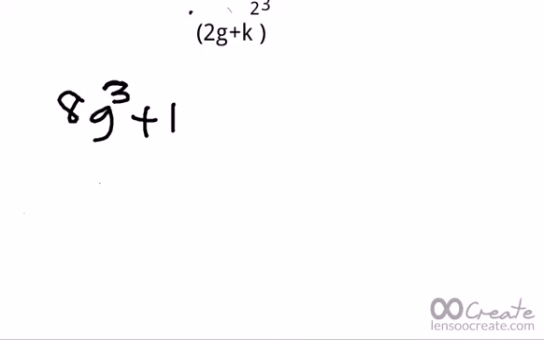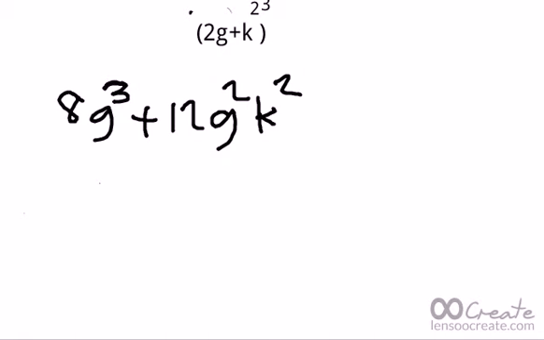So it is 12g squared k squared, because it is said that thrice the product of the square of the first term.